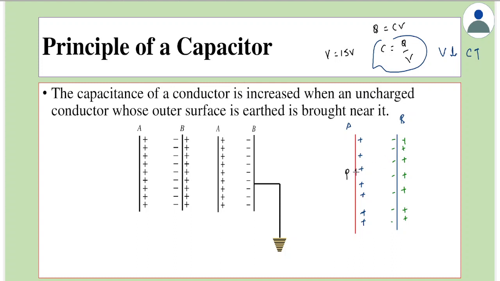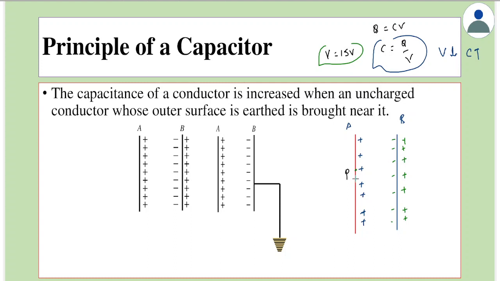Look at point P now. At point P, the charges from both this side and this side will contribute. So at point P the potential will decrease from 15 volt, because this side contains negative charge, which decreases the potential, but there is positive charge on the other side.